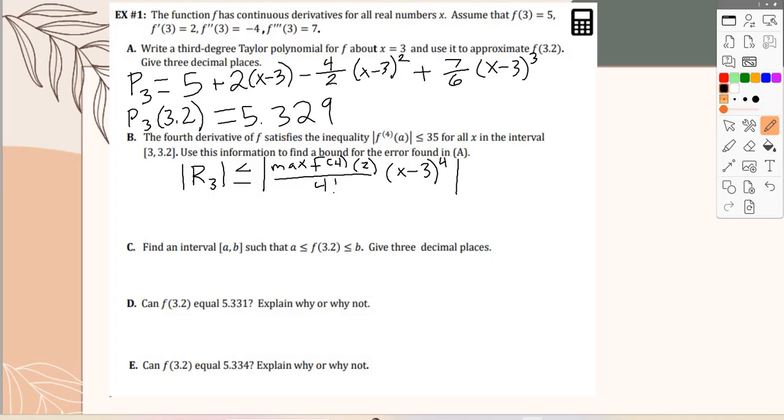Okay. So this time it tells us that our 4th derivative has to be less than or equal to what? 35. So that means that 35 is going to be the what of my 4th derivative? The max. And so that's what we're going to put there.